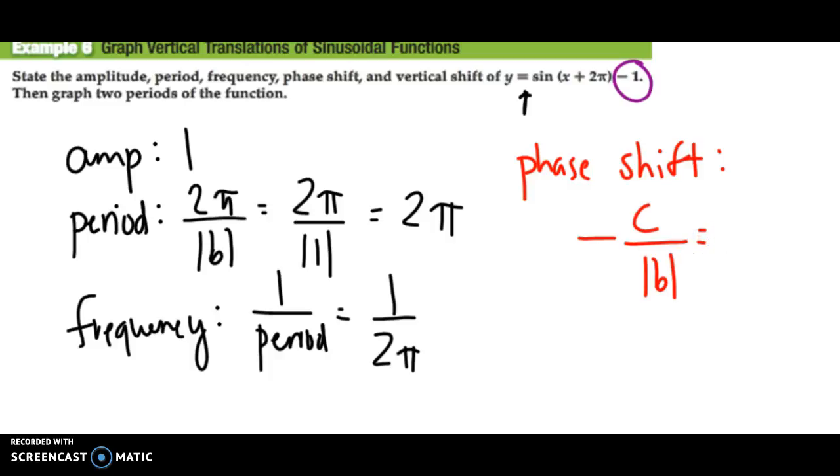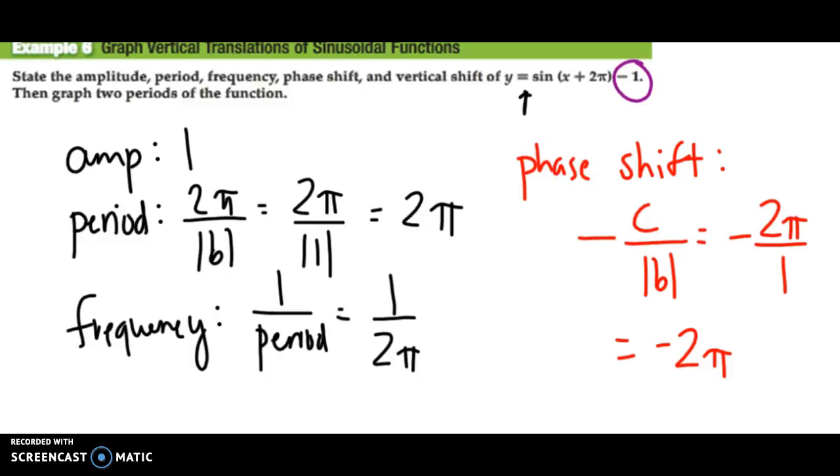So in our case, it would be negative. C is 2 pi over absolute value of b, which is 1. So then my phase shift is just minus 2 pi, which is nice because that's one period, so it doesn't really affect the look of our graph much.